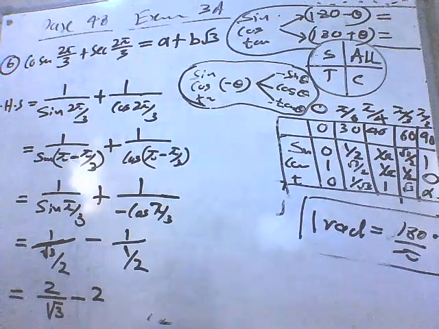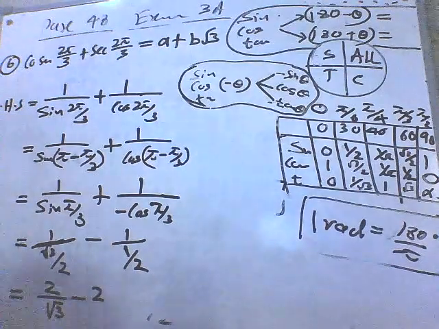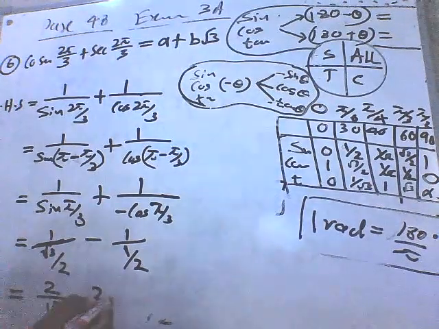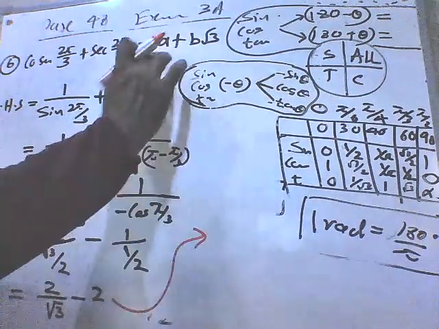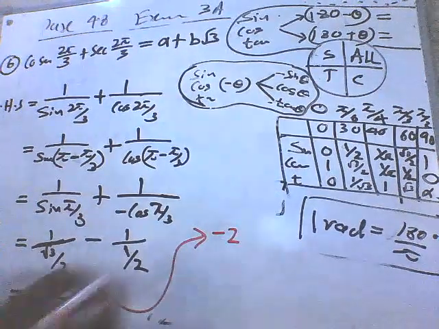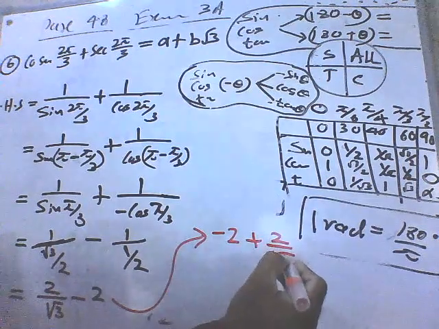Now actually we have to rationalize the denominator. So we'll bring this into the form minus 2 plus 2 over root 3. Because I see a constant, I'm going to put the minus 2 there, and then plus 2 over root 3.